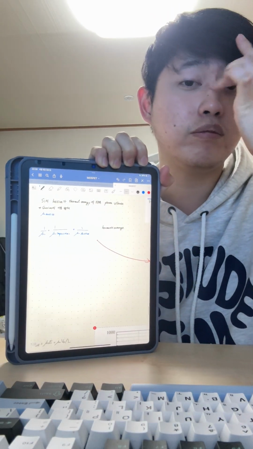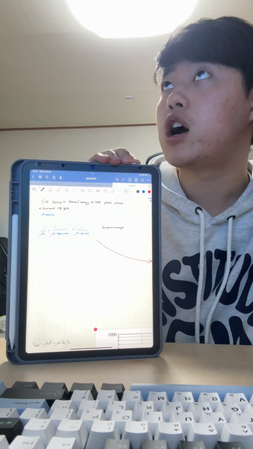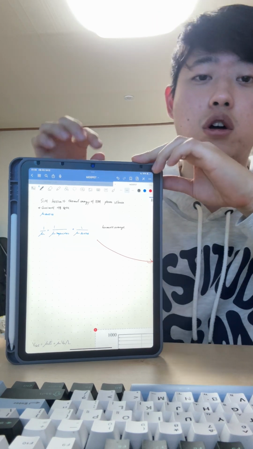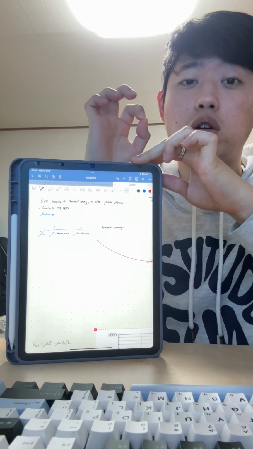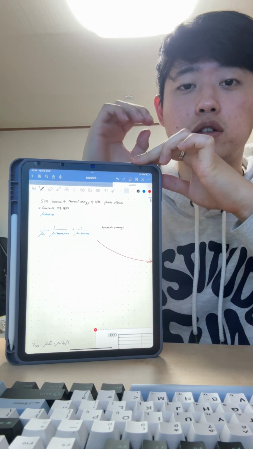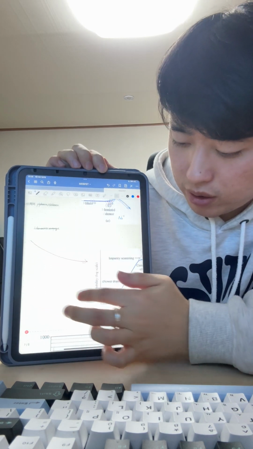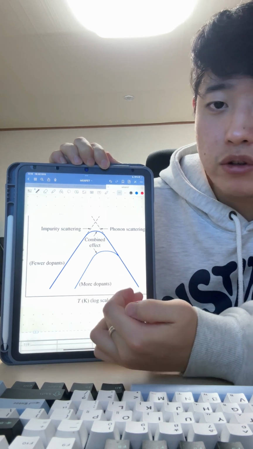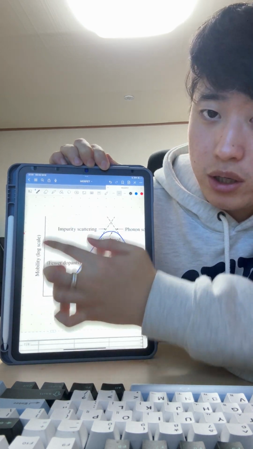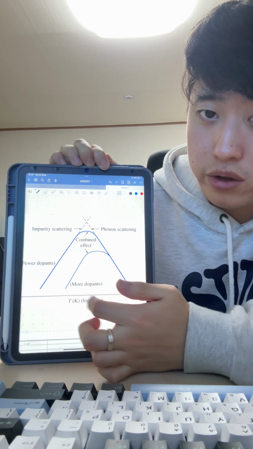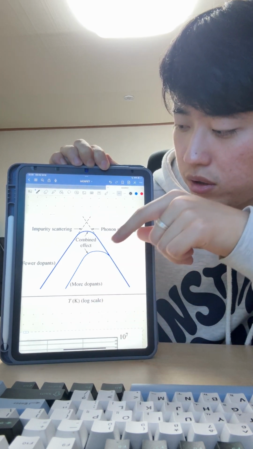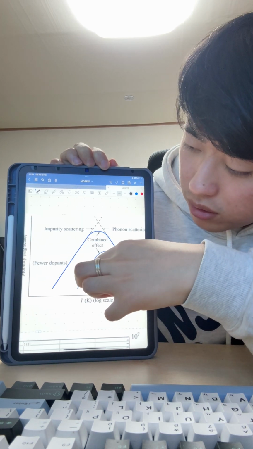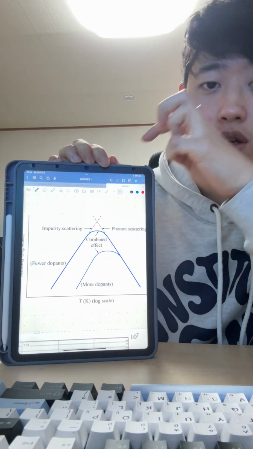But mu has a harmonic average, so the smaller effect is dominant, so that we can have this graph. So this is mobility and this is thermal effect. Phonon scattering is... impurity scattering is here.